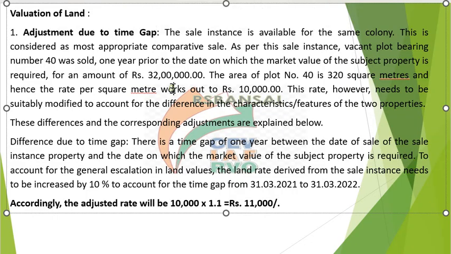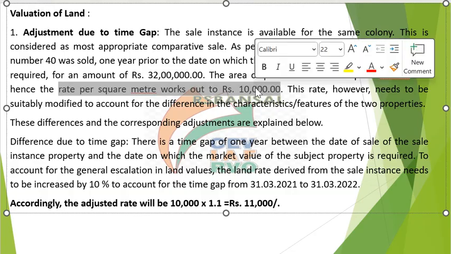So this plot was 320 square meters in size, and it was sold for 32 lakhs. It means the per square meter rate is 10,000. So we will calculate the rate per unit.